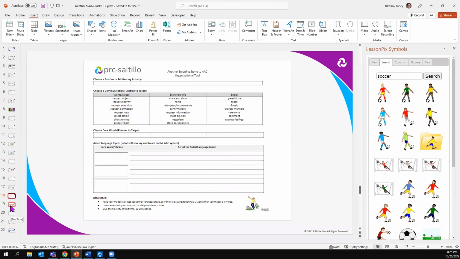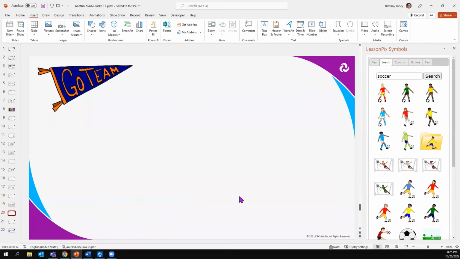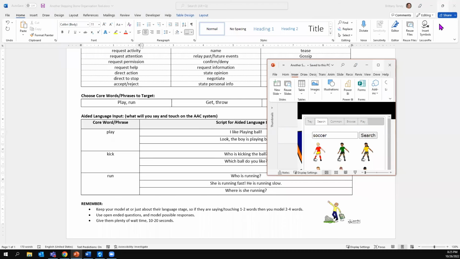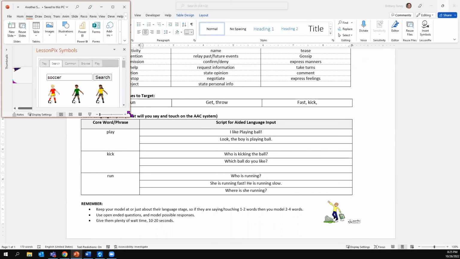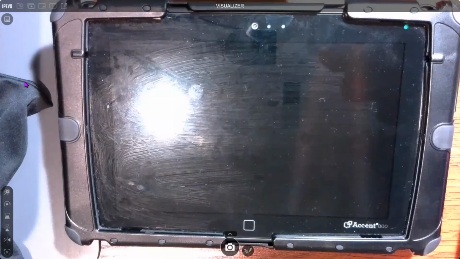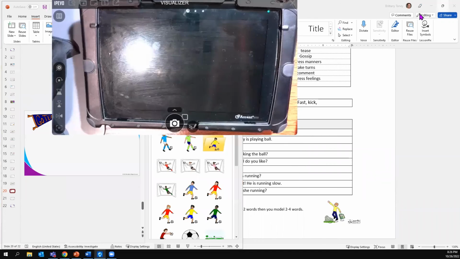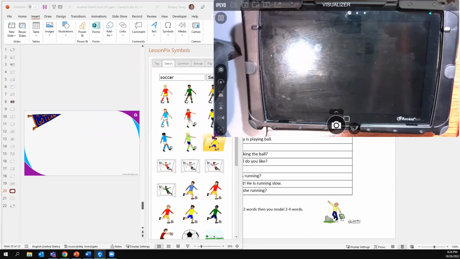Okay, so let's go back to our form here. And now we're going to find the words. So I am actually going to pull up this. Sorry for the screen. Trying to do kind of like a split screen so that you guys can see what I'm doing.